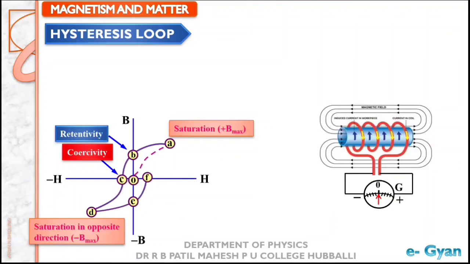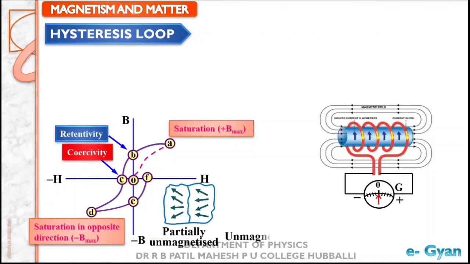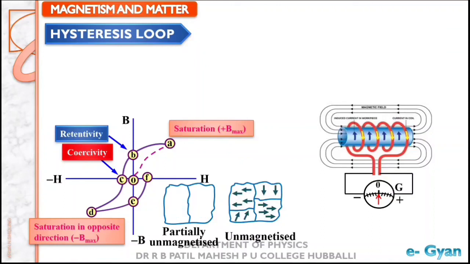Moving next, if we increase the current in the positive direction, then it goes from the partially magnetized state E to the unmagnetized state F. Here B is 0, that is, magnetic induction inside the material is 0 because it is a completely disordered state.